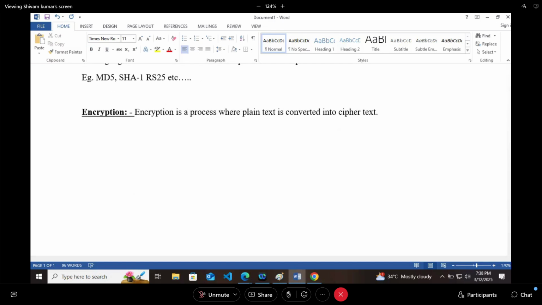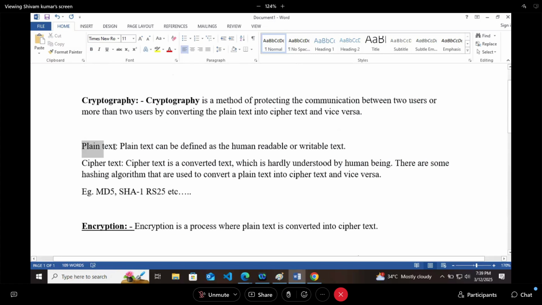This is called encrypted data. Then you got decryption. Decryption is a process where ciphertext converts to plain text. And what is plain text and ciphertext? We have already seen here, right? This is our plain text and this is ciphertext.